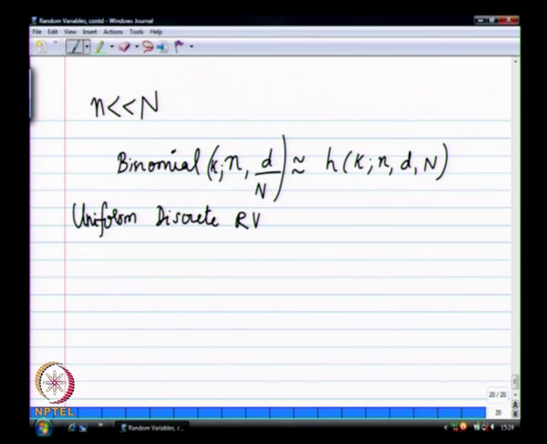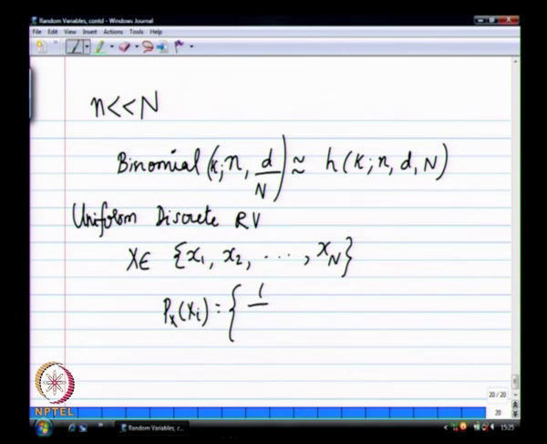Either you have a set of items, x1 through xn, which are all the possible values of the random variable, and the probability of xi is simply 1 by n if x is in this image set, and 0 otherwise.